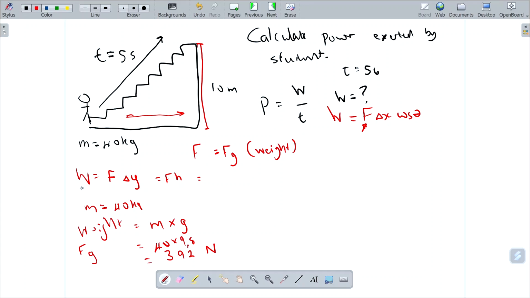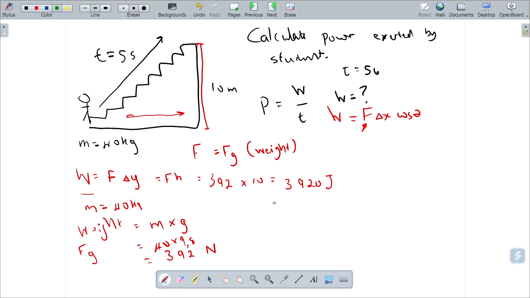Right, so knowing that, we can go back to calculate the work done, which is the force times the height. So that's 392, which is the weight, times the height of 10 meters, and therefore this is 3,920 joules. That's the work done.